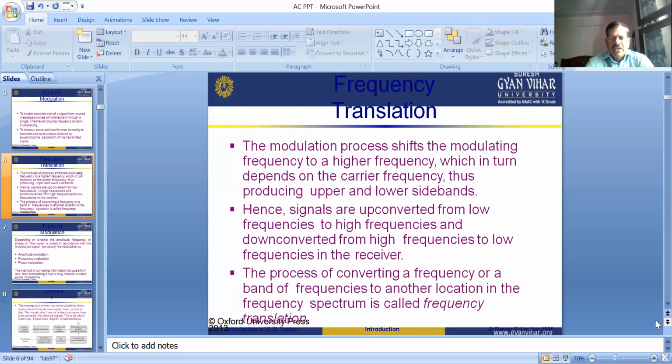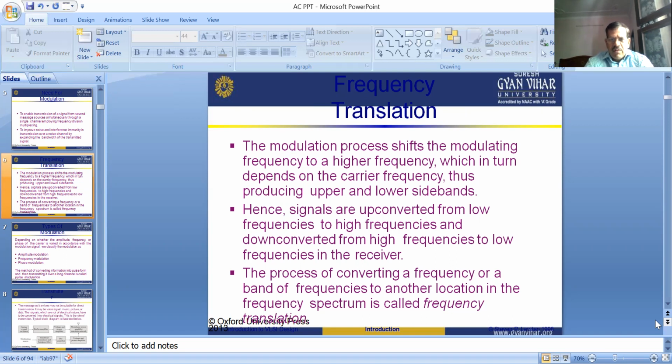We can also say that in the transmitter part, the low frequency is converted into high frequency, and at the receiving part, the receiver, the frequency is converted from higher frequency to low frequency. So this is the process in the transmitting and receiving parts. This is the frequency translation system.